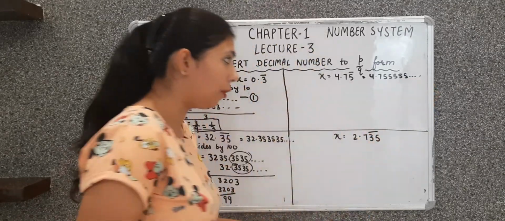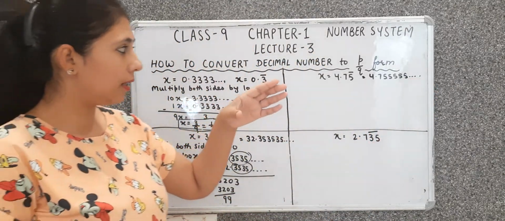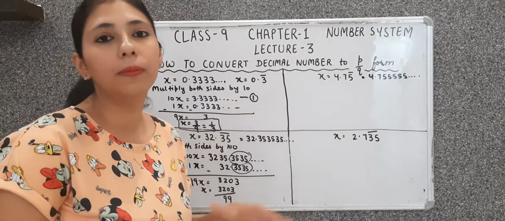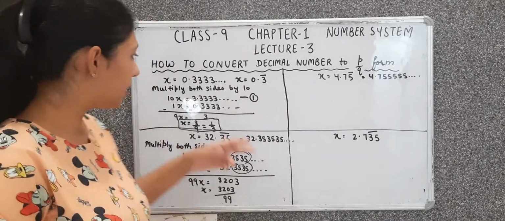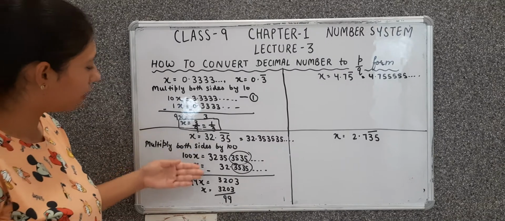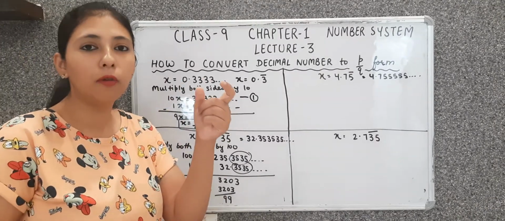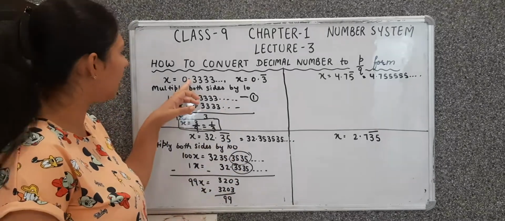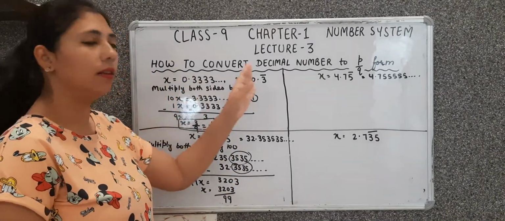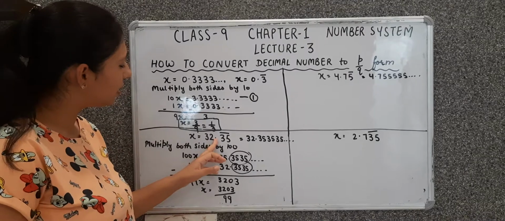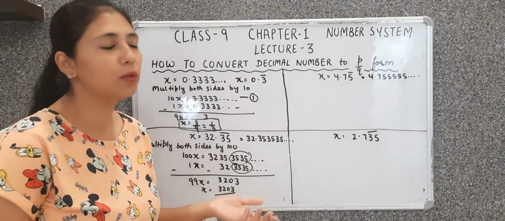Now, for this kind of number, the procedure will be a bit different. In the earlier questions, whatever was after the decimal, the full block was repeating. Like in this one, after the decimal it was 3 and 3 was repeating. In this one, it was 35 and both numbers were repeating.